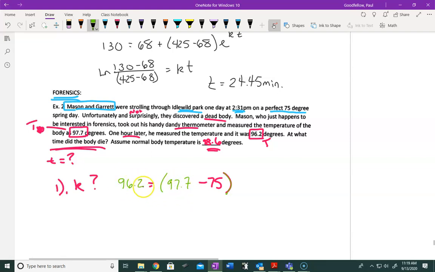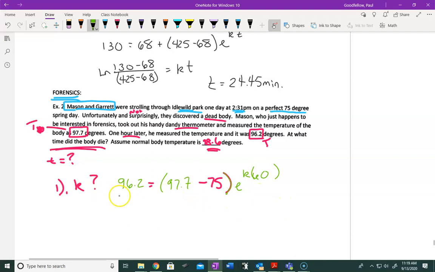He has to use the two temperatures he has measured to find the decay rate. That makes sense. E to the K, and the time that has taken place in this case is an hour. But I'm going to say that things go by relatively quickly in terms of minutes here, so maybe we should write this as 60 minutes.